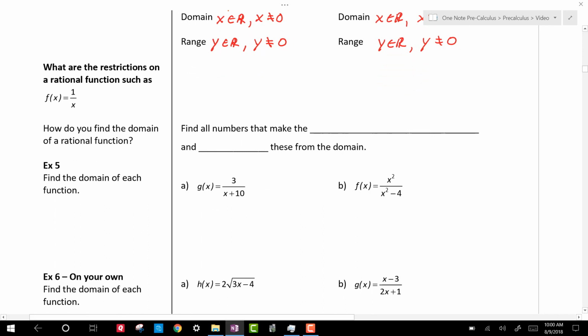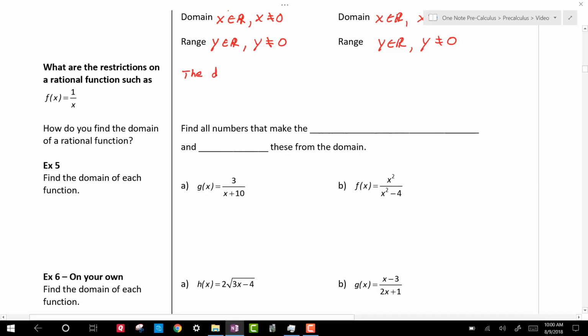So when we talk about rational functions, again, rational functions have certain things that happen sometimes. What are the restrictions on a rational function? Well, basically any rational function, I'll start with the generic, we never ever want to see 0 in the denominator. When we're talking about rational functions, we're talking about fractional equations, something that has a variable in the denominator.